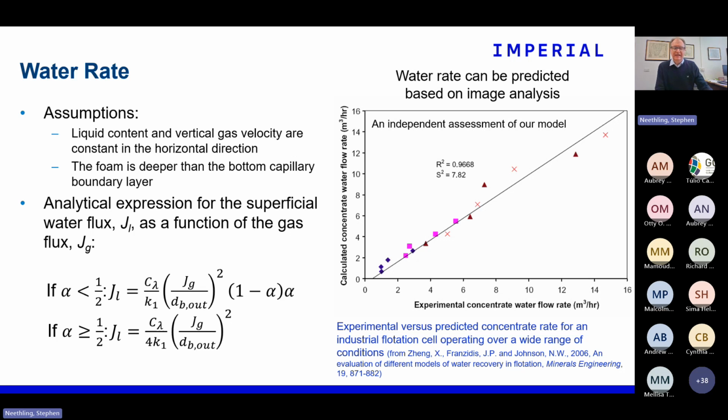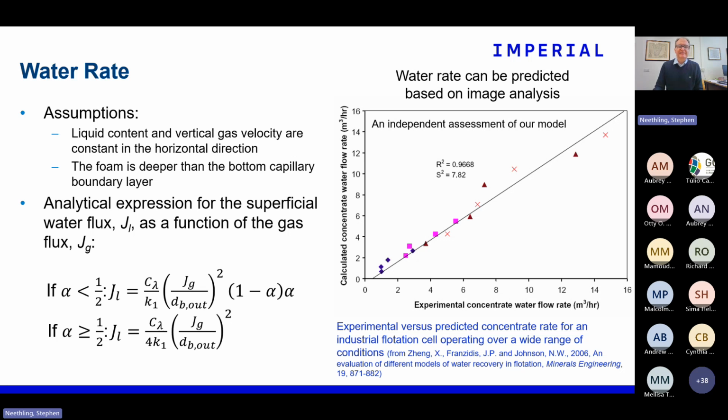It'll typically be a very non-linear relationship in the first centimeter or two of the froth depth, where capillary forces are really important. But above that, the capillary forces become less important, and you can actually make analytical approximations. And so these are the relationships we get. And again, you'll see that this air recovery alpha is a really key parameter in the amount of water that is being recovered.